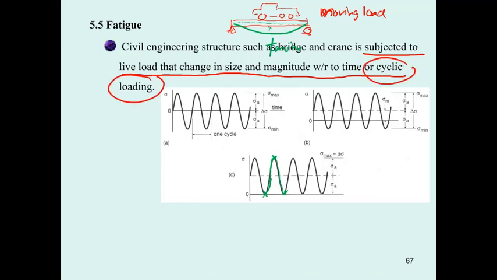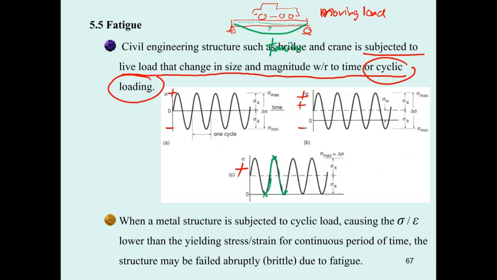There are many patterns of cyclic loading. This is going to be tension compression. This is going to be only in tension, and this is going to be a lot in tension and small in compression. So it depends on the type of structure you consider. And for fatigue, the metal structure, usually a ductile material, is going to have progressive failure. But when it is subjected to stress less than yielding stress, that means it's still in the linear elastic range.